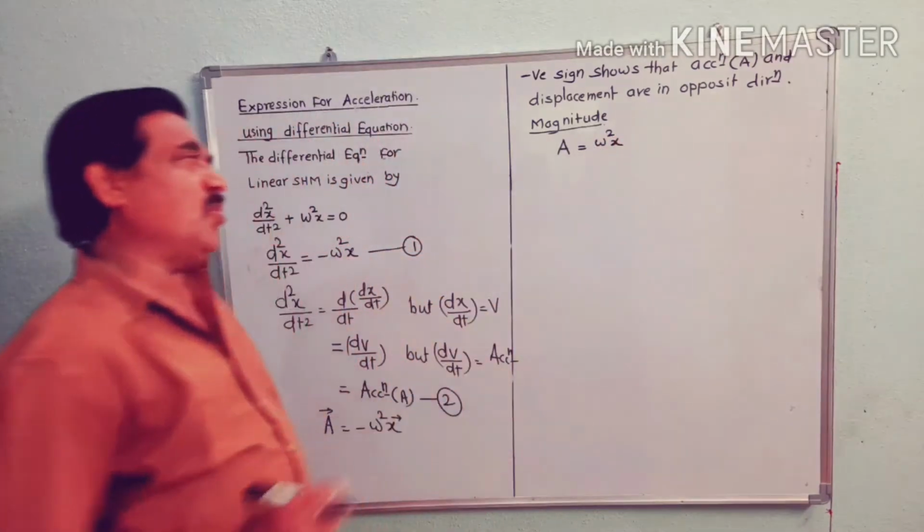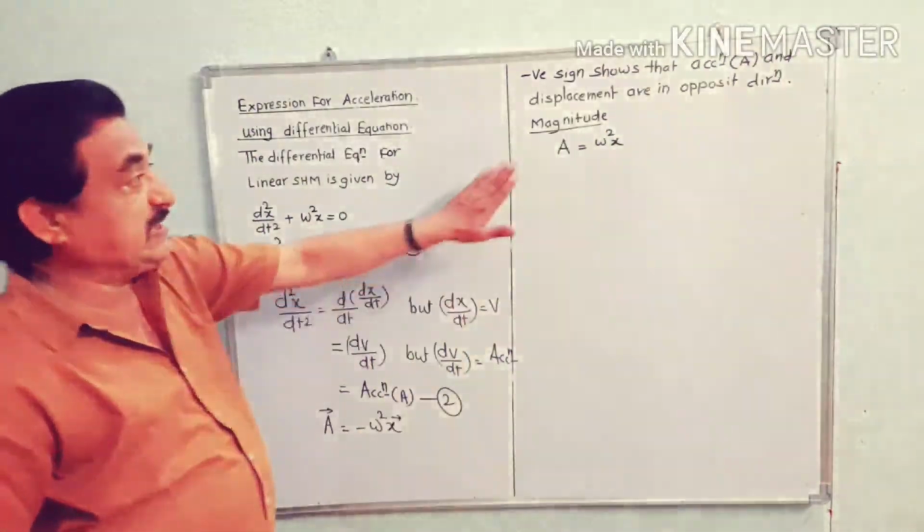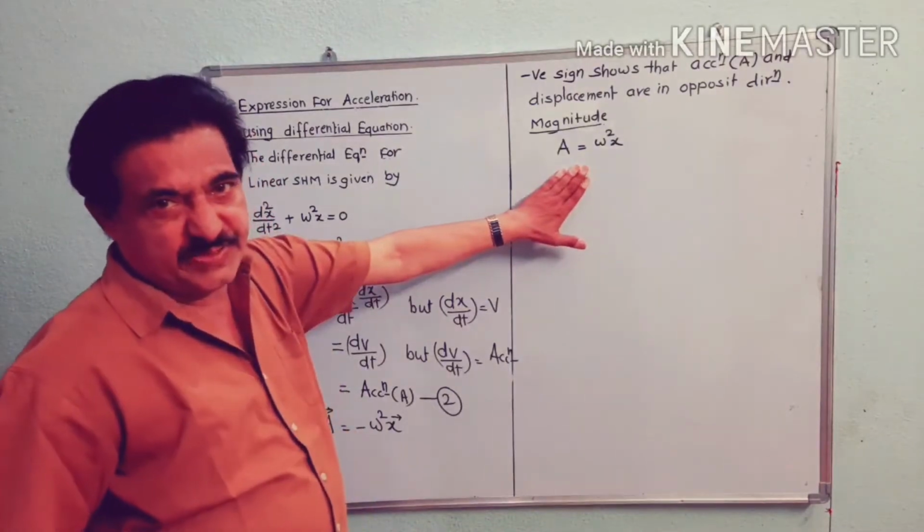Acceleration is equal to omega square x. So this is the expression for acceleration.